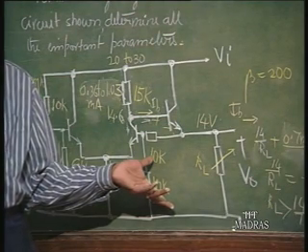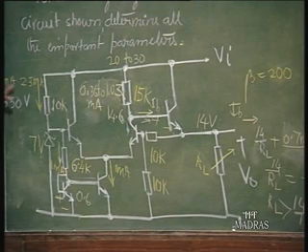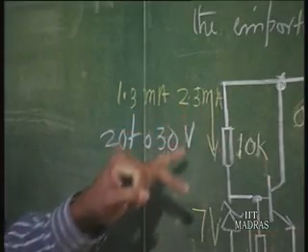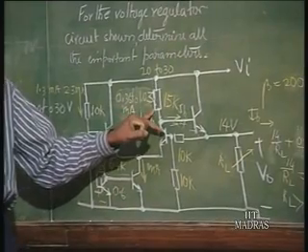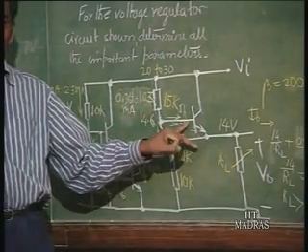Obviously, it will happily work if RL is 196 ohms with 30 volts, because 30 volts corresponds to 1.03 and this is demanding only 0.36.